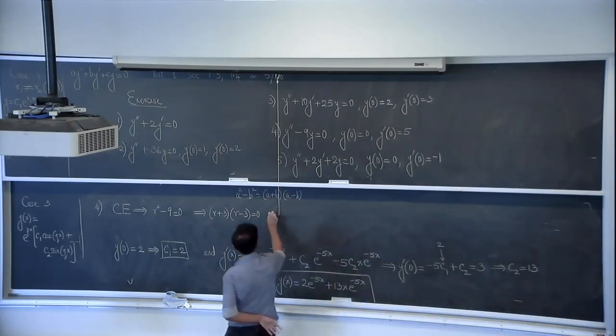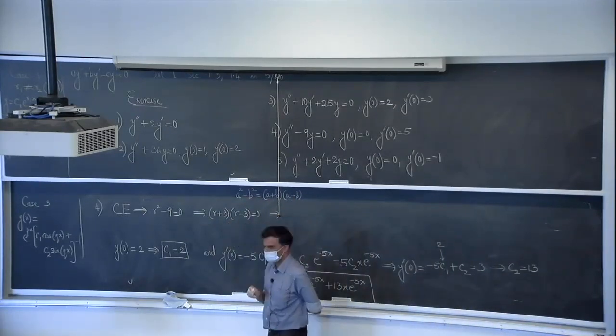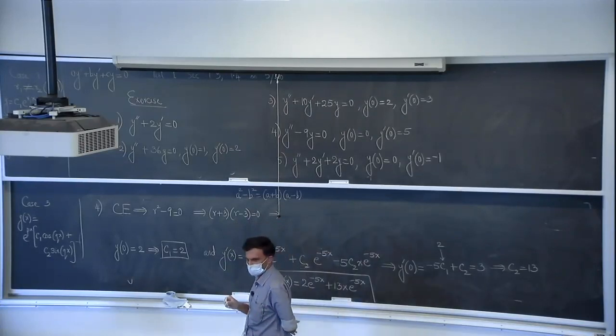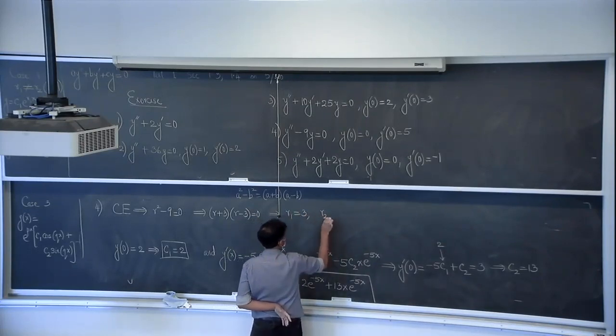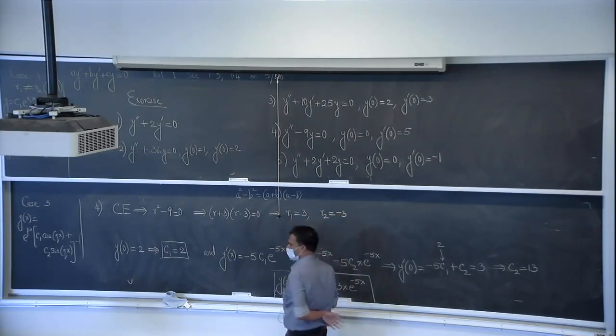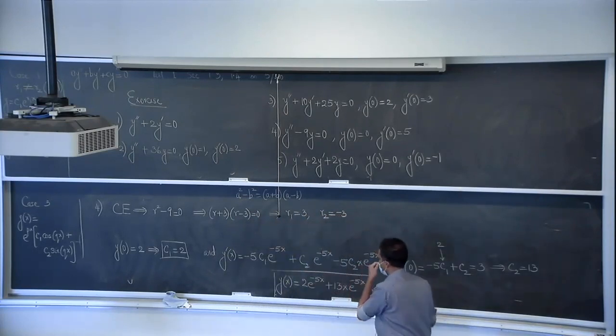All right, so which case is this? Case 1, 2, or 3? Case 1. Okay. Three and negative 3 are not equal, so please, it's case 1.